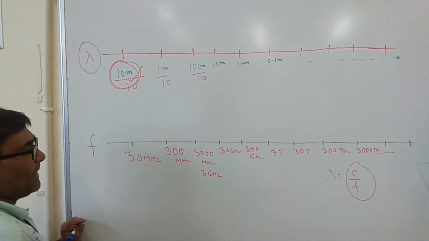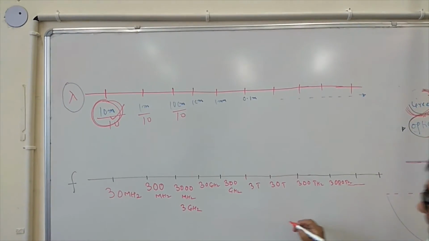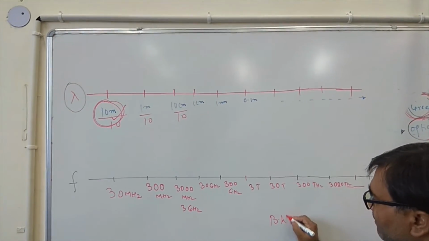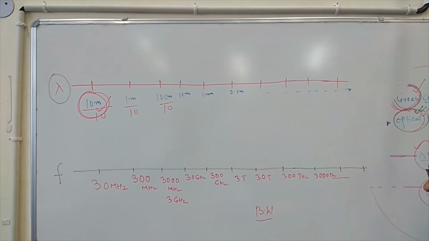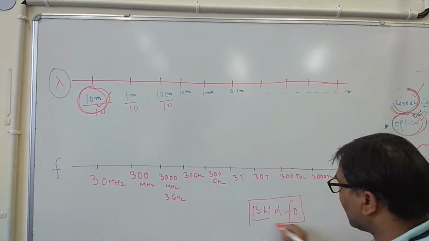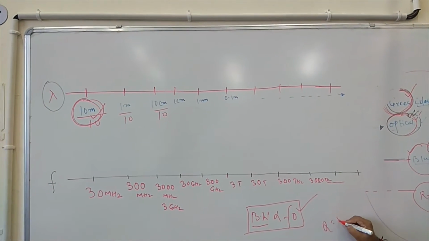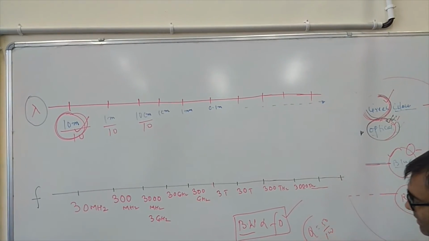Now see, I told bandwidth of optical fiber is very very higher because bandwidth is directly proportional to frequency, right? If the Q is constant, 50 or 100, right?